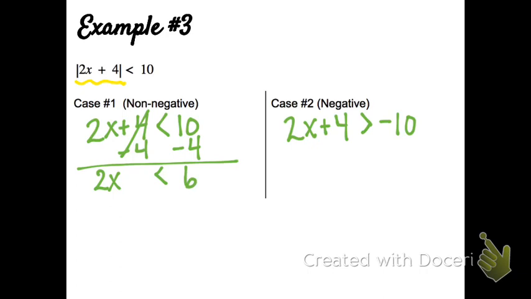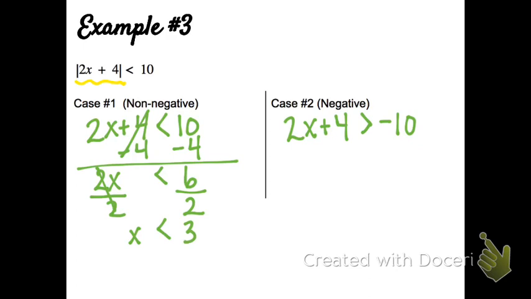It's almost by itself now, but I need to undo the multiplying by 2, and I do that by dividing by 2. And I just divided by a positive number, so I don't change the symbol, so it's still less than, and 6 divided by 2 is 3.